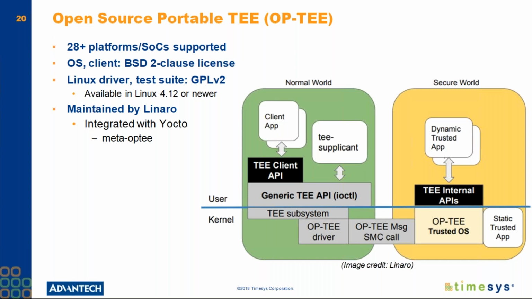So take, for example, unlocking your phone. You could write a trusted application to capture this. When you press the unlock button on your phone, Android or Linux can go ahead and call the client application.